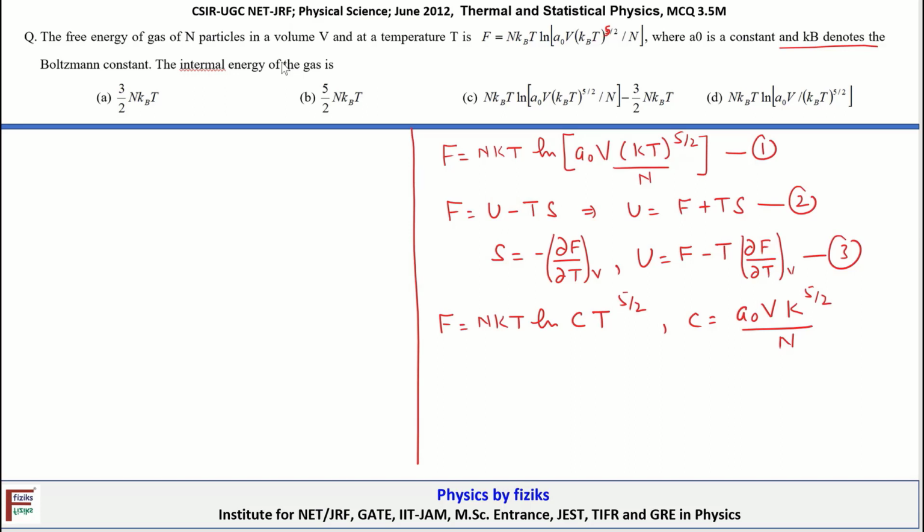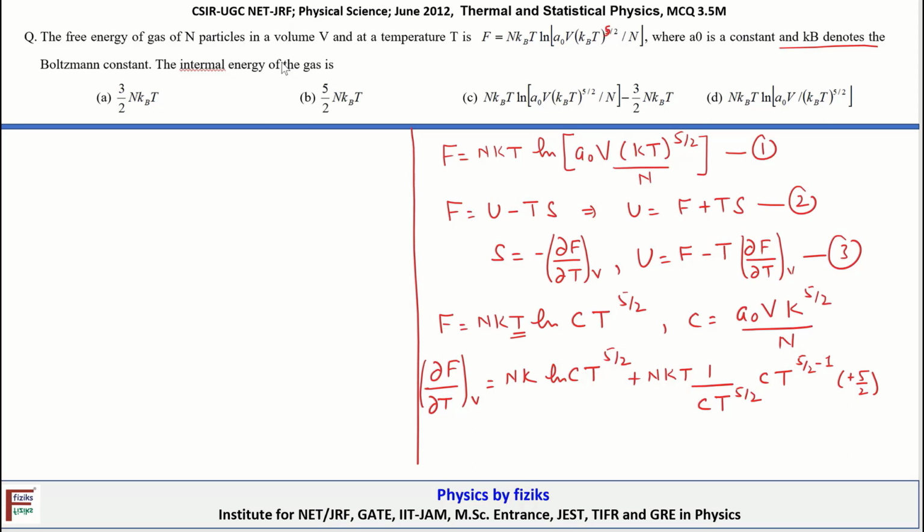Now the differential of Helmholtz free energy with respect to T, keeping volume constant, is equal to Nk ln CT^(5/2) as it is, from differentiating the T. Now the second term: NkT as it is, and the differential of the logarithmic term gives 1 upon CT^(5/2), and then CT^(5/2) minus 1, and then we need to multiply by the index, which is 5/2.